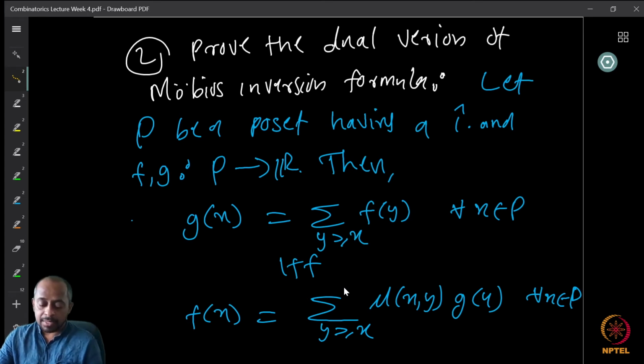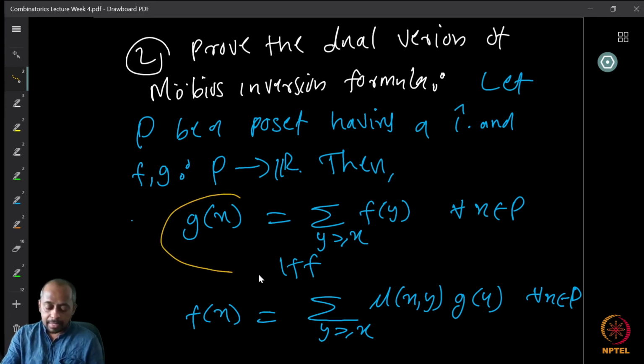Another homework is to prove the dual version of the Mobius inversion formula. That is, suppose P is a poset having a 1. So in the first case, we said that P has a 0. And then f and g are functions defined over P, which are real valued functions.